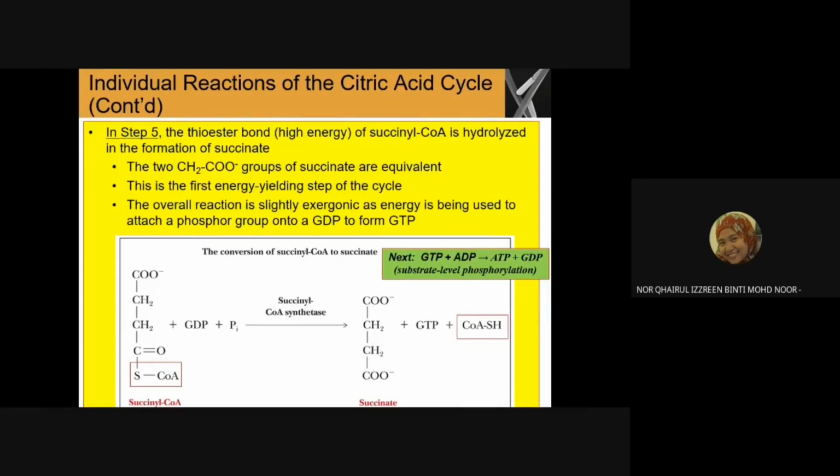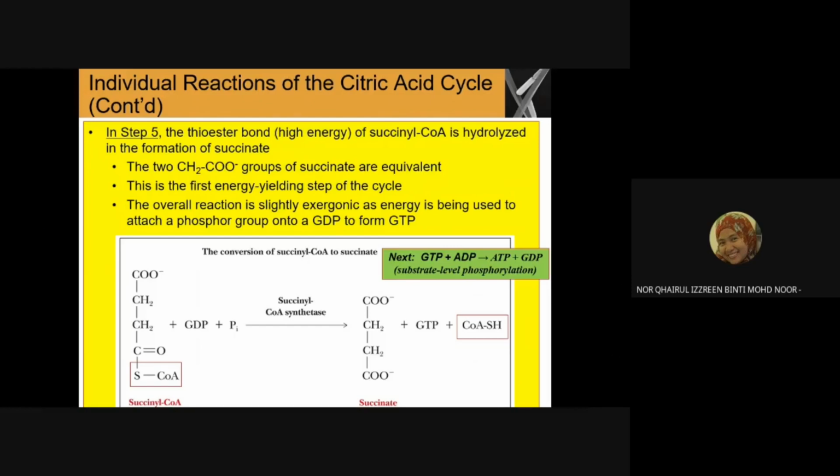In step 5, the thioester bond of succinyl-CoA, which has high energy, is hydrolyzed in the formation of succinate. As you can see here in the figure of the succinyl-CoA molecule, the bond in the red box is the thioester bond, which has high energy. So it is very exergonic.